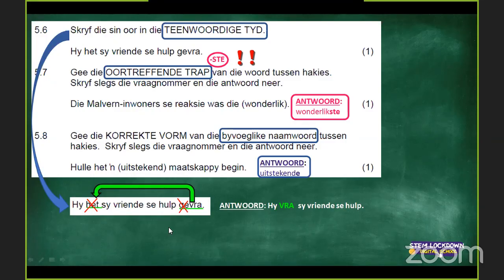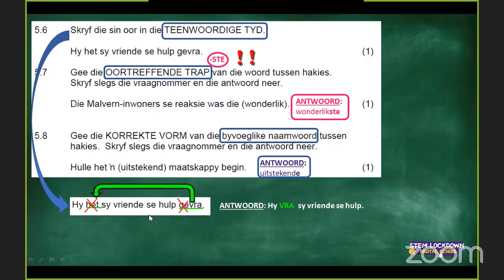Okay, so now because we have to write it in the present tense, my het is going to fall away. The ge attached to the verb is going to fall away. And then my verb 2 has to move back to the verb 1 position, so that I've got the correct stompie rule.